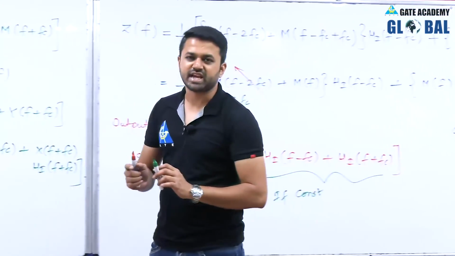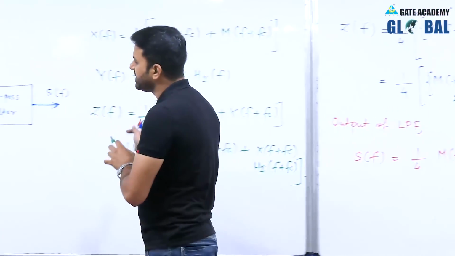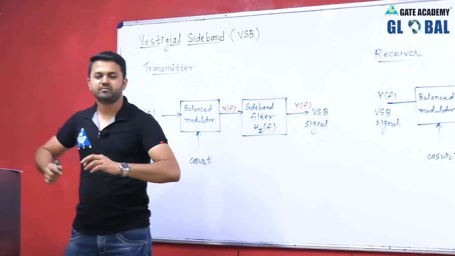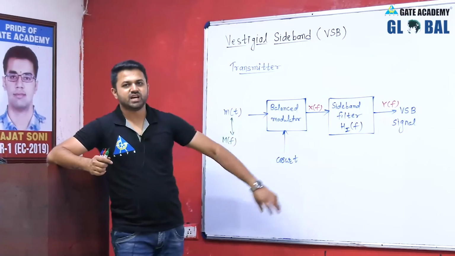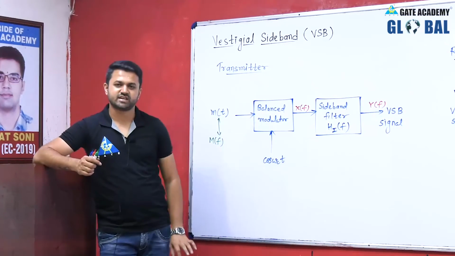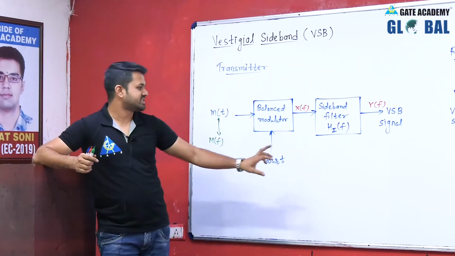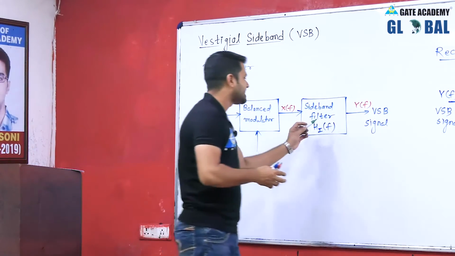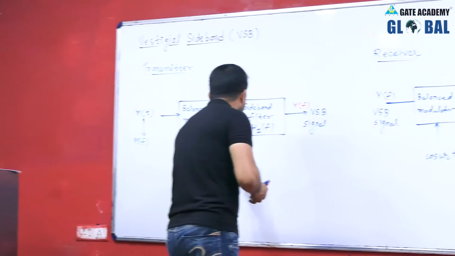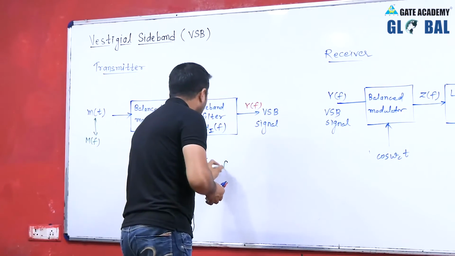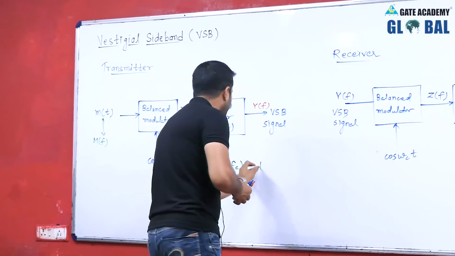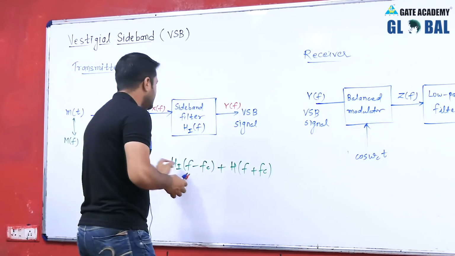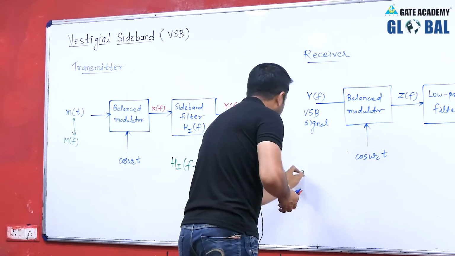So in this way we can consider the vestigial sideband analysis, the transmitter and the receiver part, and the message signal can be recovered with the help of this synchronous detector if you properly select this particular sideband filter. This sideband filter should be selected in such a way that if I shift the characteristics or the response of this sideband filter to fc and minus fc, then it should be a constant value.